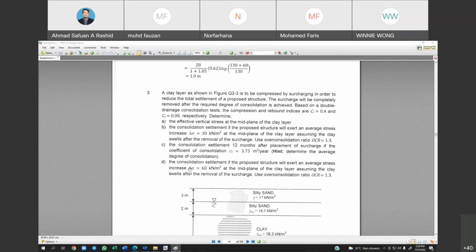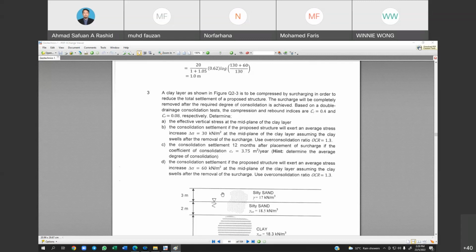Okay, so the consolidation settlement, if the proposed structure will exert an average stress increase, delta sigma of 60 at the midplane of the clay layer, assuming the clay swells after the removal of the surcharge. Use overconsolidation ratio OCR equal to 1.3. For B the value is 30 and for D the value has been increased double to 60.